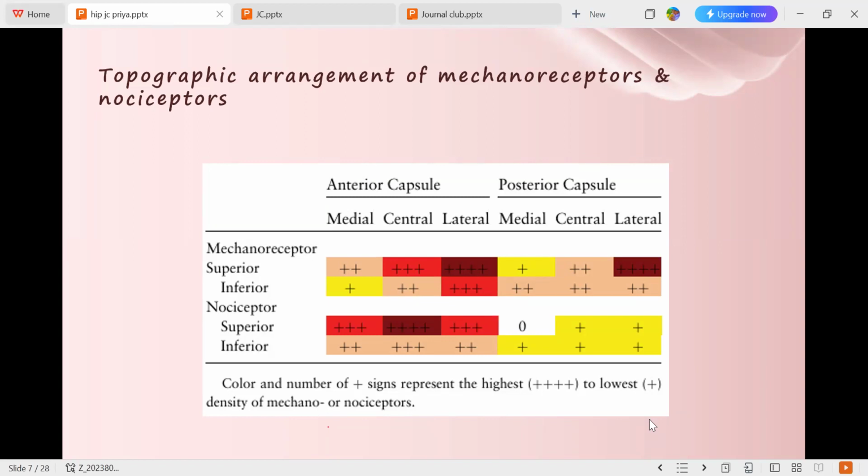These nociceptors get activated in chronic hip pain or in inoperable hip fractures, and in those cases posterior hip pericapsular neurolysis plays a role in chronic hip pain.